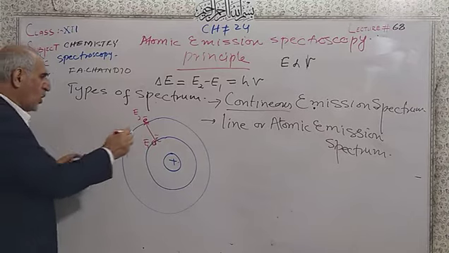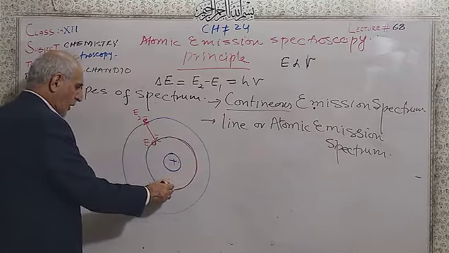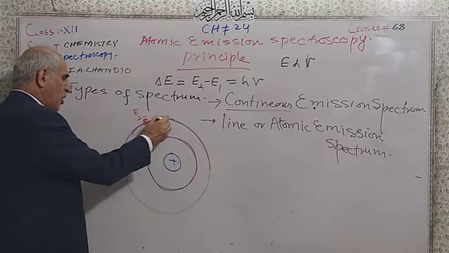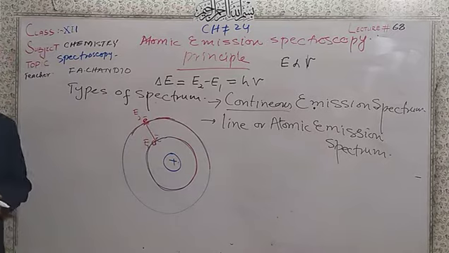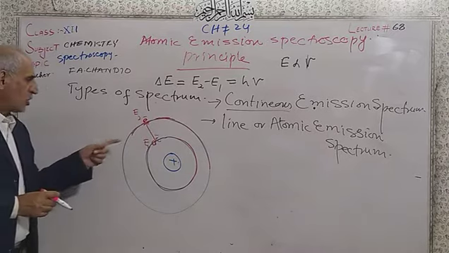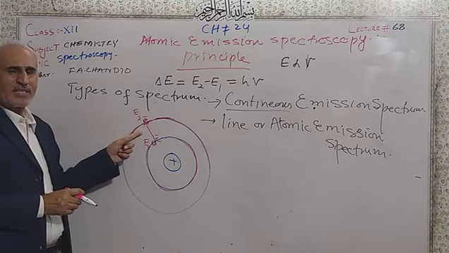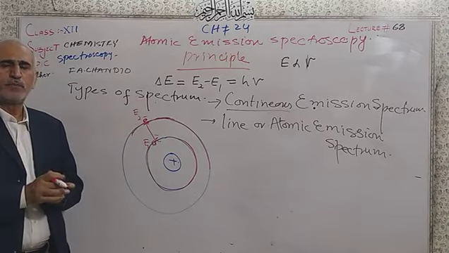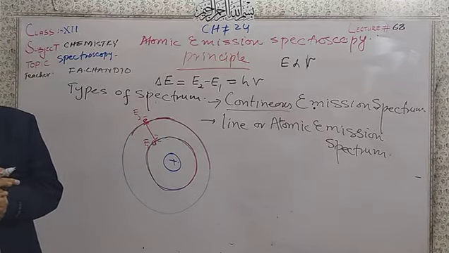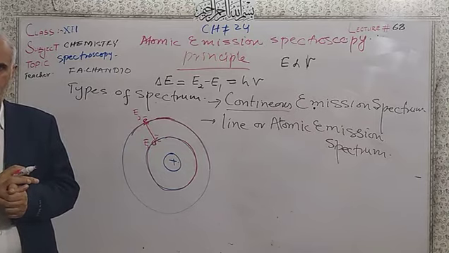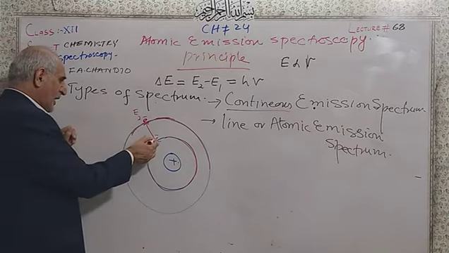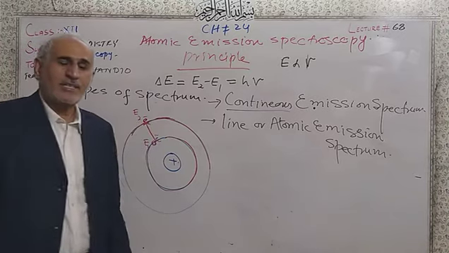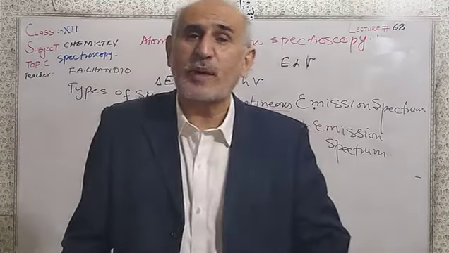The spectrum is only formed when the electron is revolving in a particular orbit. When it passes through this space, the color is vanished, the spectrum is vanished, showing discontinuity. So in this case, when the electron is excited from E1 to E2, the line spectrum is called an absorption line spectrum.